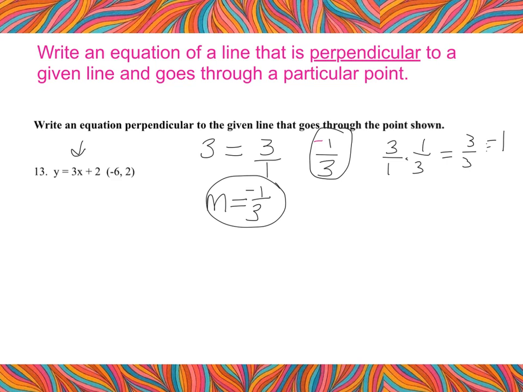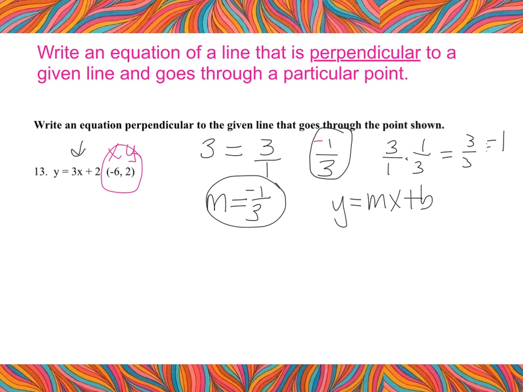So we just need b so that we could write this in the form of y equals mx plus b, where x is our independent variable, y is our dependent, m is our slope that we already know, and b is our y-intercept. Just like we did before, we're going to come to the points that we were given, take the x and the y values, and substitute them into our equation.